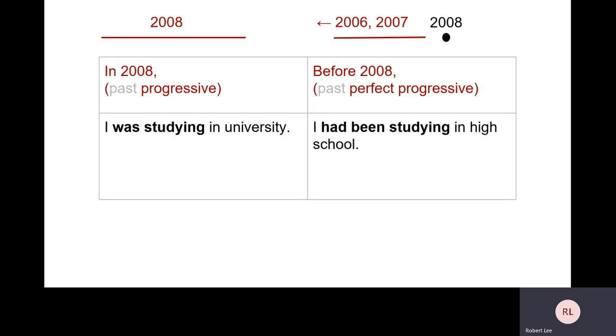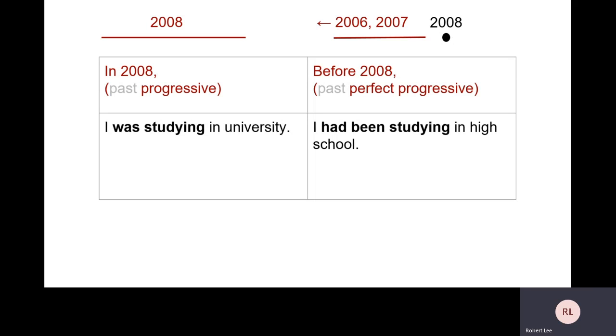Now let's see some examples of what that looks like in a sentence. On the left, a full sentence would read, in 2008, I was studying in university. On the right, that sentence would read, before 2008, I had been studying in high school. Right? So think about what those two sentences mean.